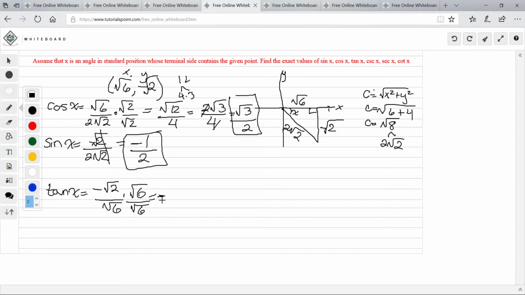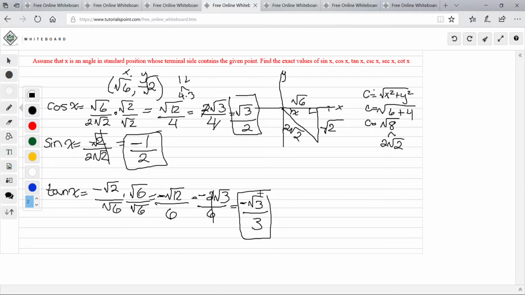So this is left with negative square root of 12 over 6, and square root of 12 is the same thing as 2 root 3, so negative 2 root 3 over 6. That simplifies to negative root 3 over 3, since 6 divided by 2 is 3.